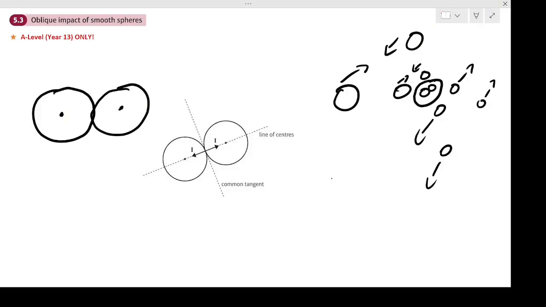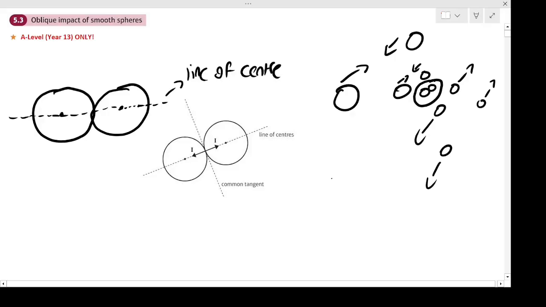These spheres have centers, and when we draw the absolute instant when they collide, we draw a line like this, and that's what we call the line of centers. It's going to be crucial to recognize this for questions.